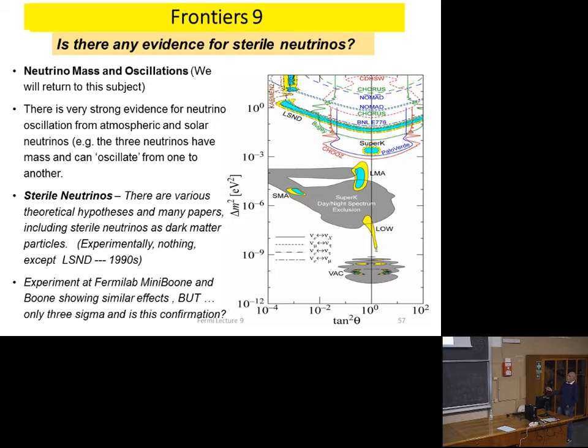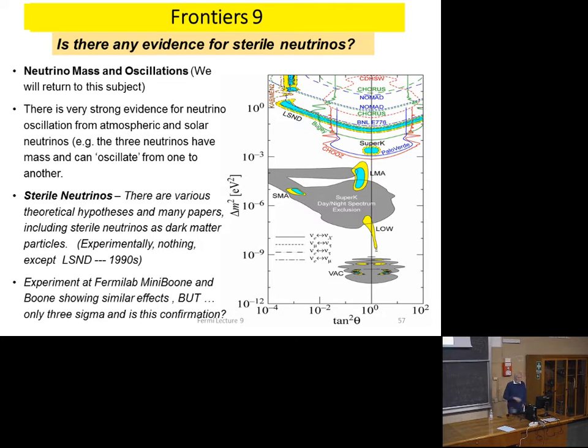You'll notice this is a log scale here. The stuff up here is the result of the one experiment that now indicates there may be sterile neutrinos. That experiment was done first in the 1990s at Los Alamos Laboratory, and then in a much more sophisticated experiment, it was done in the last 10 or 15 years at Fermilab.